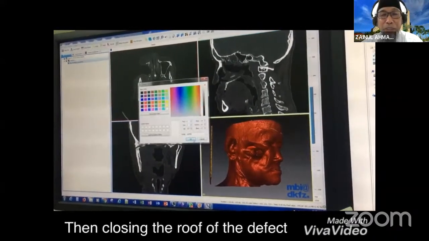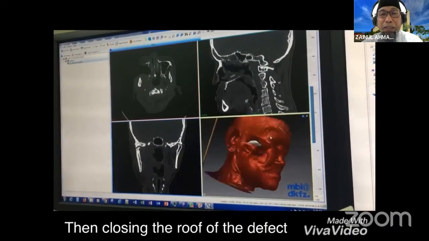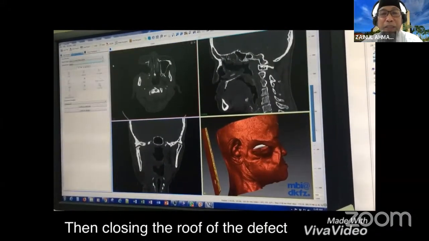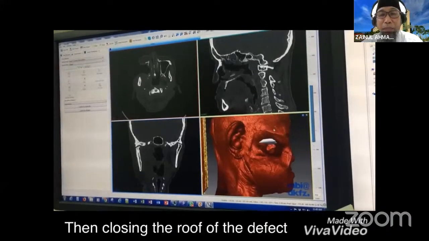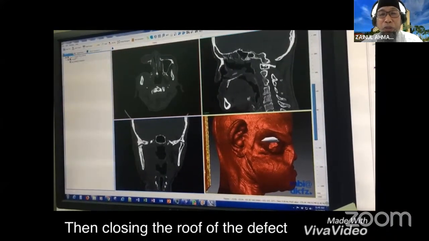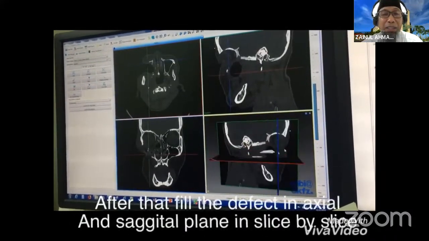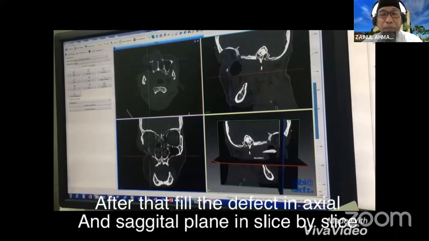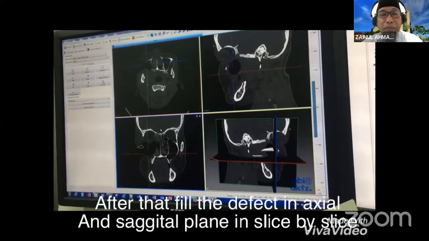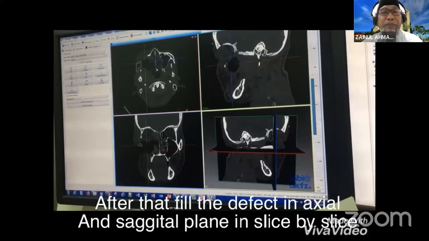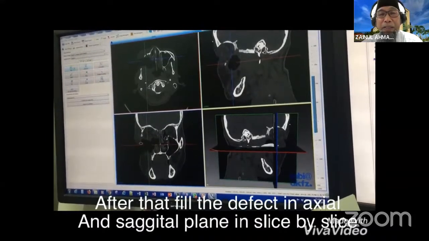So we need to close the defect using software, MITK, and then we can close the roof, slice by slice. After that, we fill out the defect in the axial and sagittal planes, slice by slice.